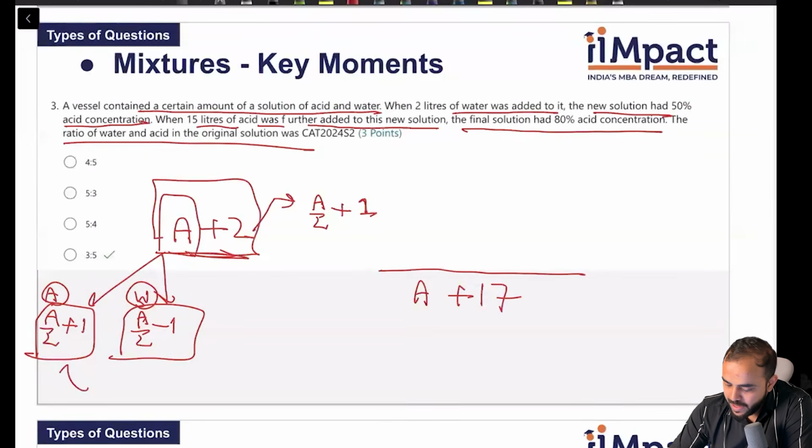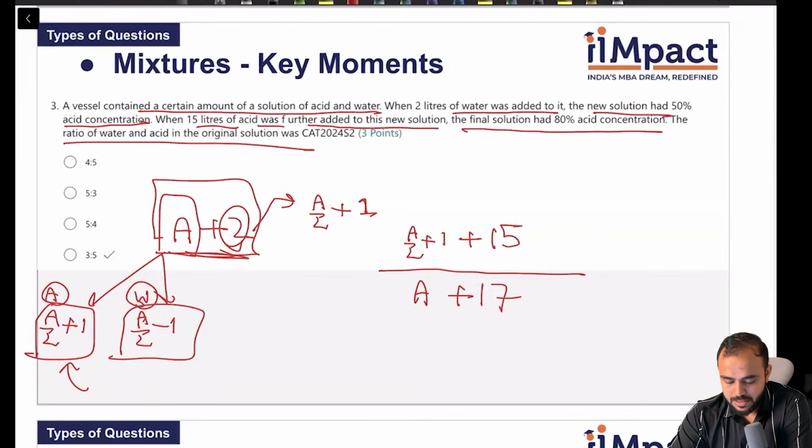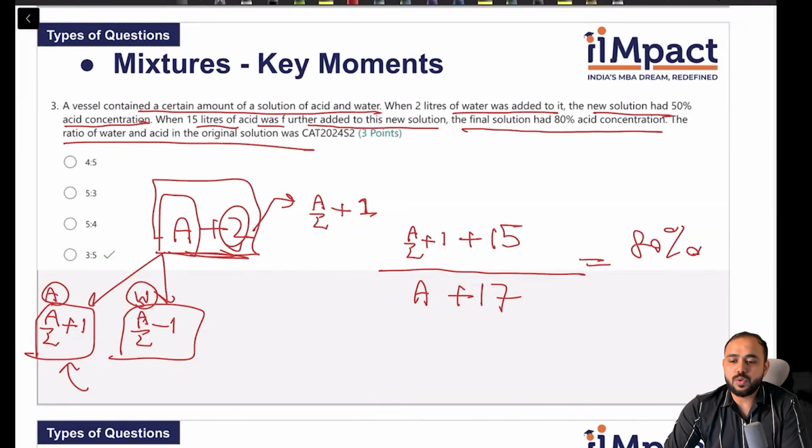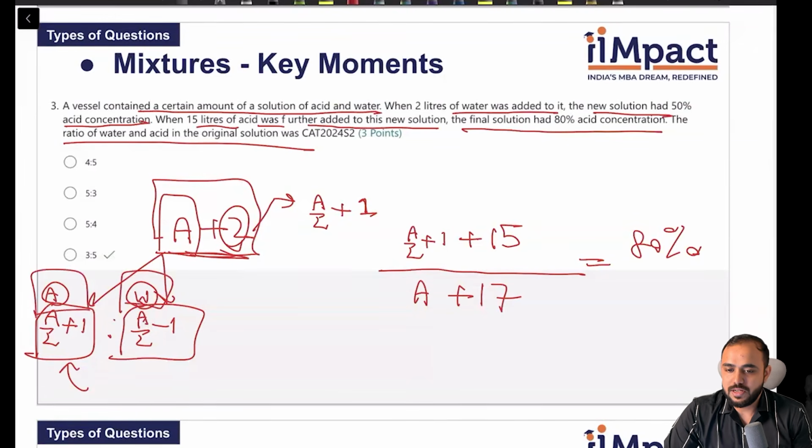So I had A by 2 plus 1 initially, then I added 2, which was your water, so it is of no use. Then 15 liters of pure acid. This is equal to 80%. This is a linear equation. You get the value of A and then you find this water and acid, and you will get your answer as 3 by 5 for this.